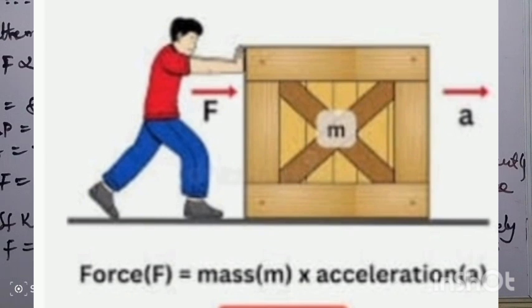The fact that the wardrobe had a larger mass, the force produced by the man had no effect, to the extent that it produced no acceleration. That is, according to what we have said on the board, a is inversely proportional to mass. So since mass is greater than force, there is no acceleration produced.